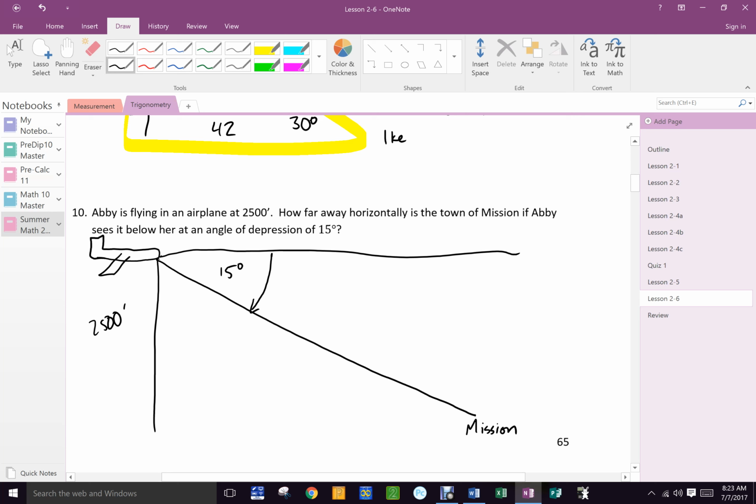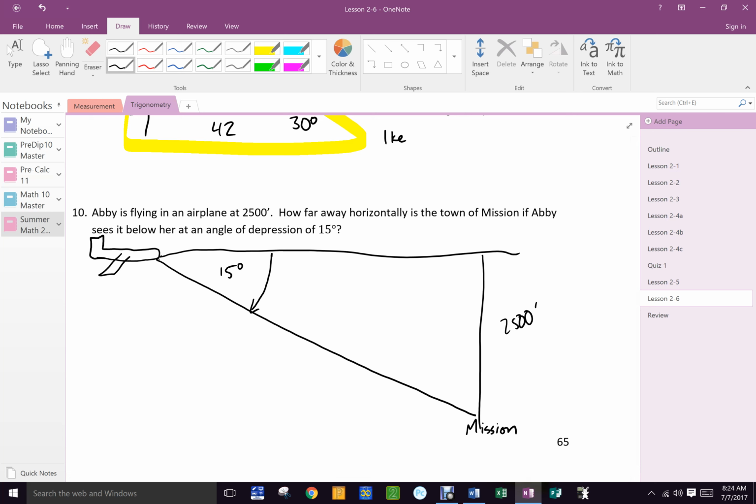Now, this 2,500 is the same as this 2,500, isn't it? So this can be over here. Now, do I have a triangle? Yes.